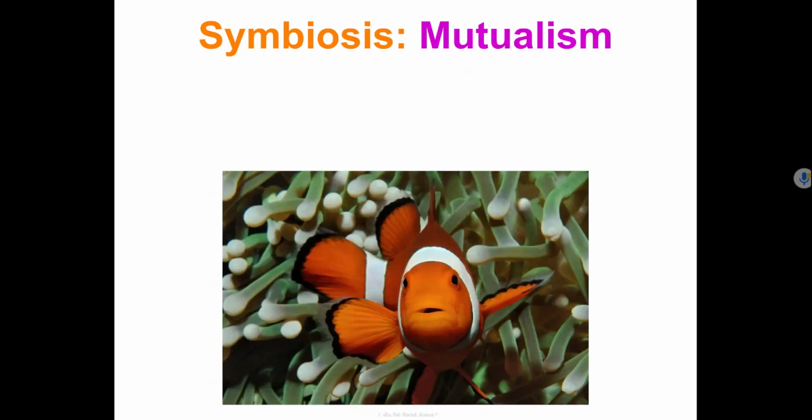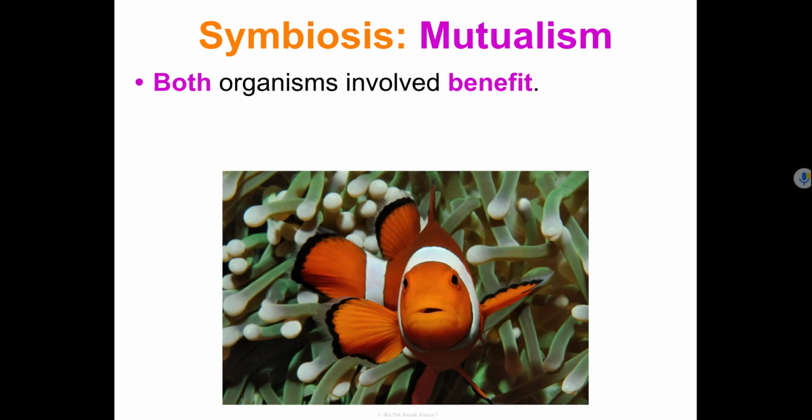Last, we have mutualism. And this is when both organisms that are involved in the relationship benefit. So in this relationship, both organisms help one another survive. A good example of this are clownfish and anemones. You might have heard of anemones if you watched Finding Nemo. Sea anemones catch prey by stunning them with their poisonous tentacles.